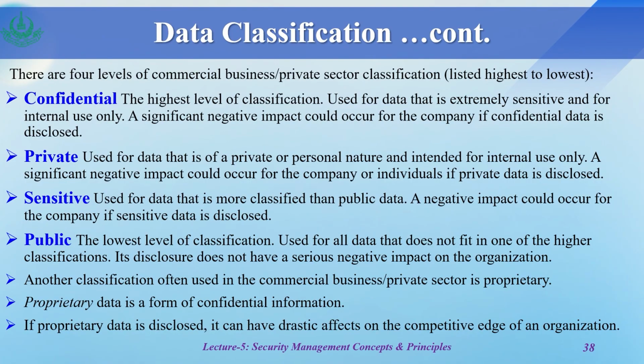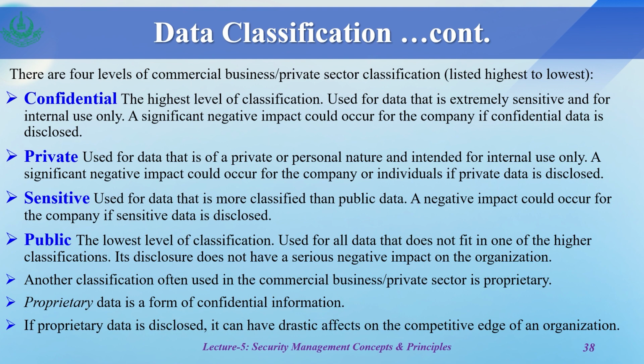There are 4 levels of commercial, business or private sector classification, listed highest to lowest. Confidential, the highest level of classification, used for data that is extremely sensitive and for internal use only. A significant negative impact could occur for the company if confidential data is disclosed.